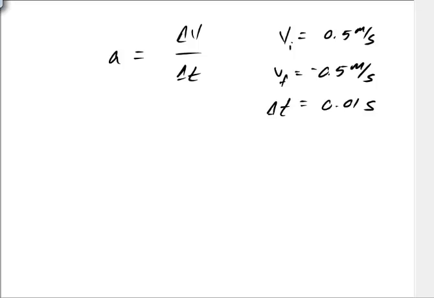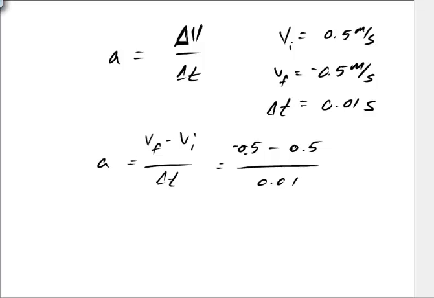Acceleration is just change in velocity over change in time, so v final minus v initial over time. I take the delta out and make it a subtraction problem in the numerator: negative 0.5 minus 0.5, since the initial is positive, divided by 0.01.